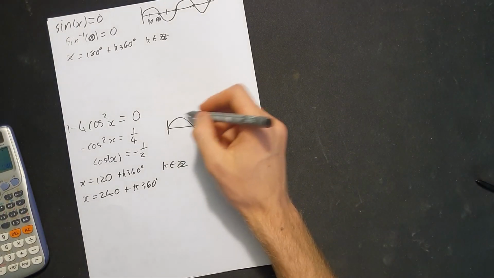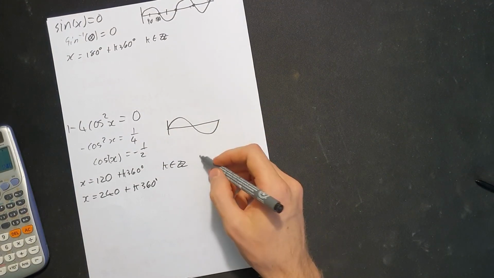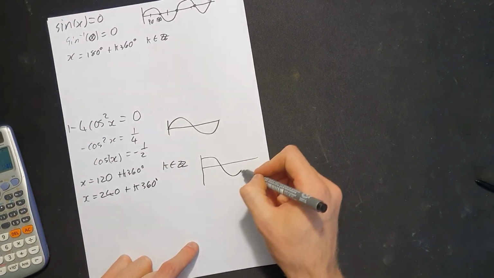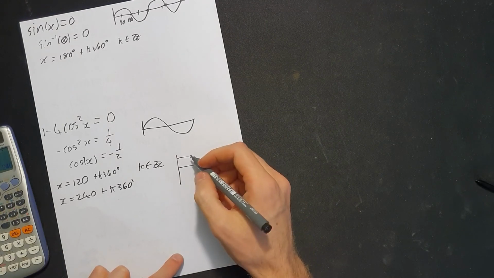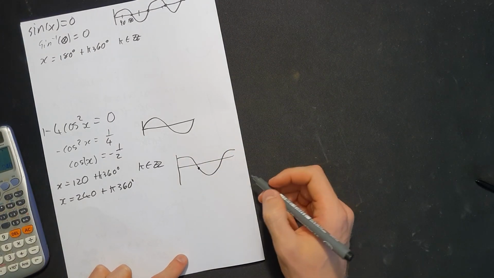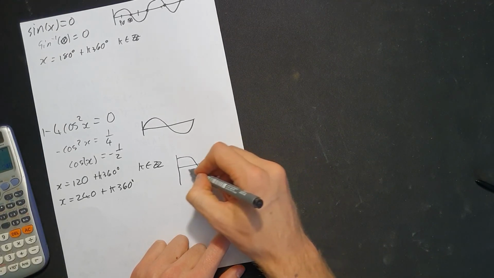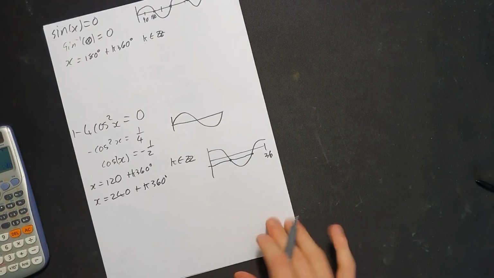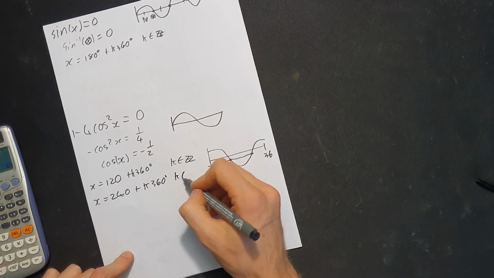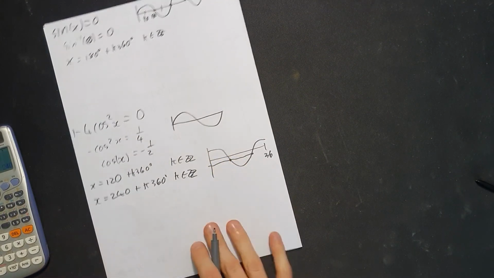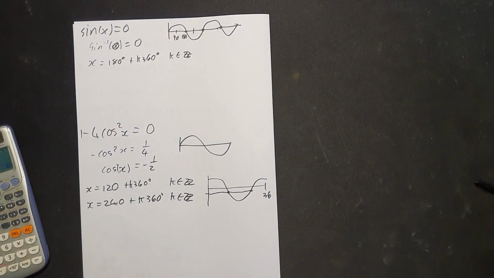Because if you check both of these on the cos graph, so cos looks like that. Cos of 120 is going to be sitting down here, but then if we take 360 minus 120, we're going to be sitting there, which is the exact same value. So therefore we end up with both of those where k is an element of integers. Okay, so that's how we do this question.